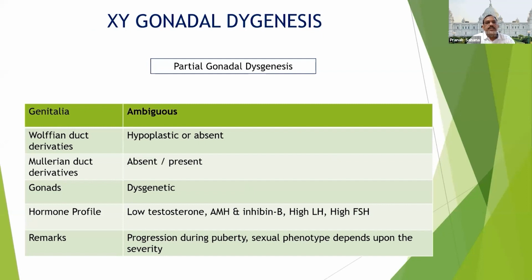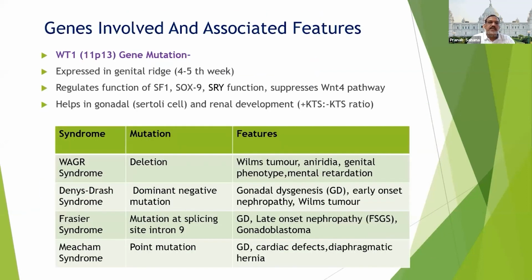So what are the genes involved in gonadal dysgenesis? There are several genes which are implicated in this disorder. Number one, we can think of WT1 gene mutation, that is Wilms tumor 1 gene mutation. This gene actually regulates function of several transcription factors like steroidogenic factor 1, SOX9, SRY, and it helps in gonadal as well as the renal development.